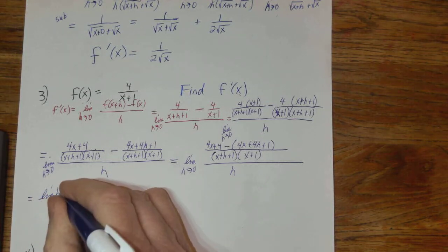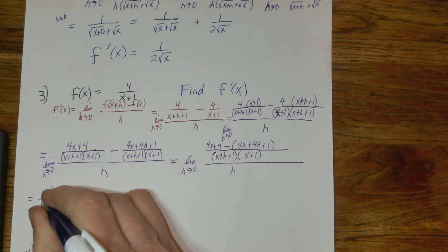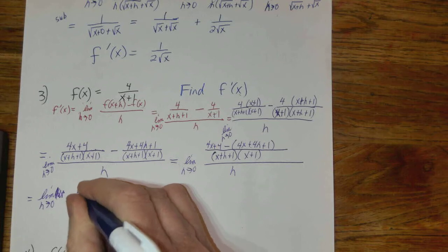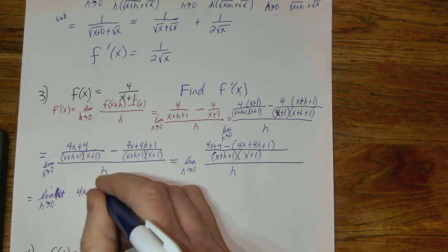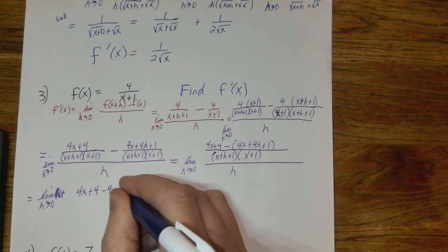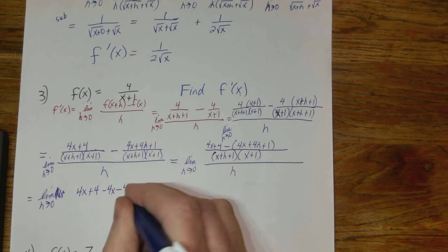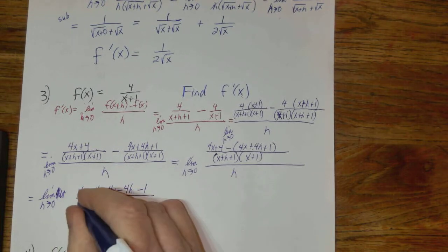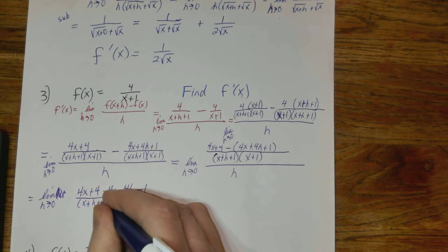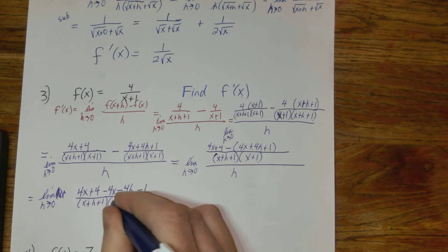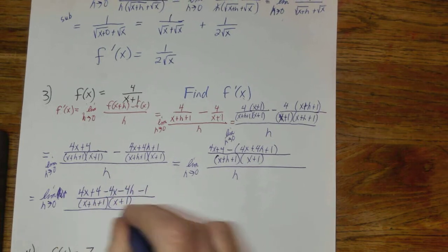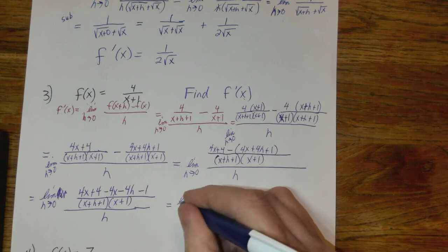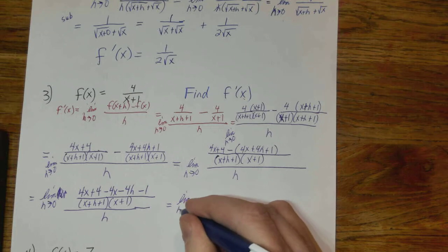Okay, that's 4x plus 4 minus 4x minus 4h minus 1 over x plus h plus 1 times x plus 1 over h.